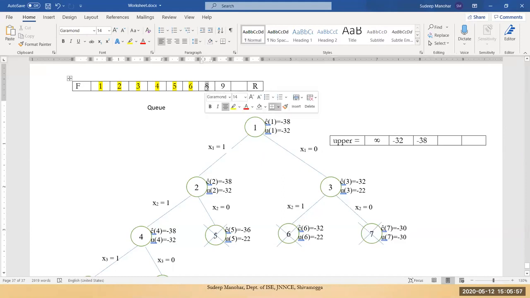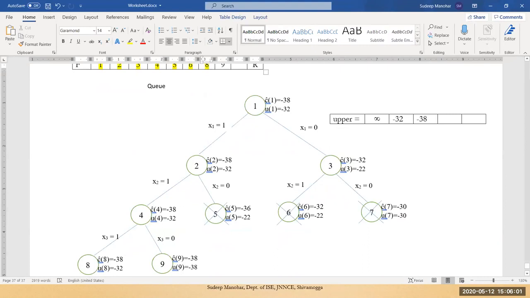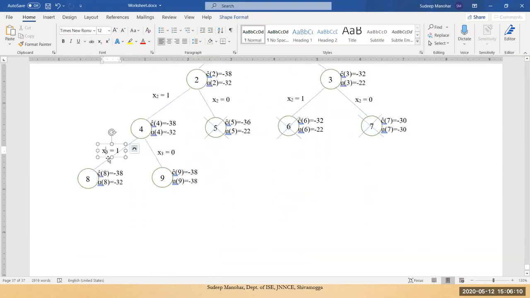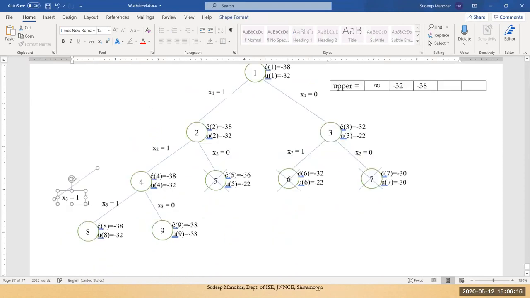8 is next. So mark this 8. First check whether its c value is greater than minus 38? No. So you can continue with this. If you continue with this, you have to consider item number 4 also.